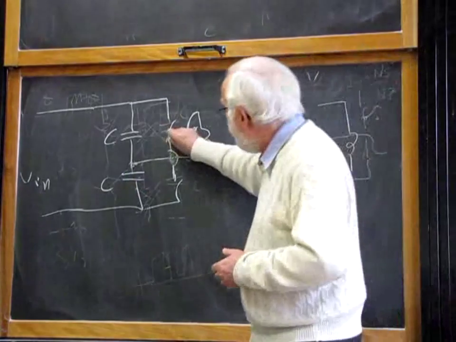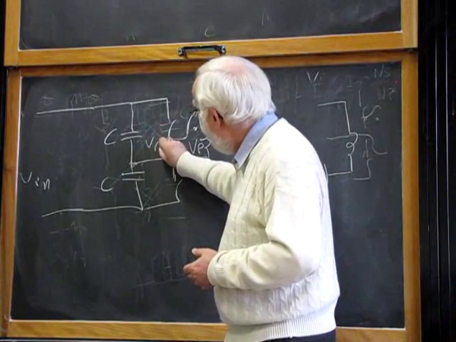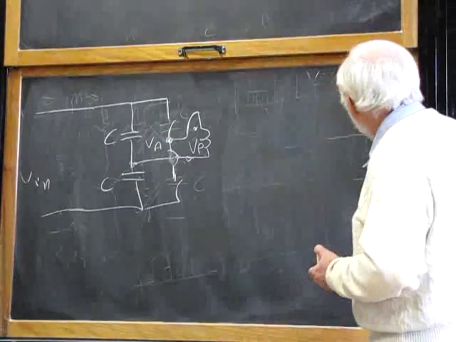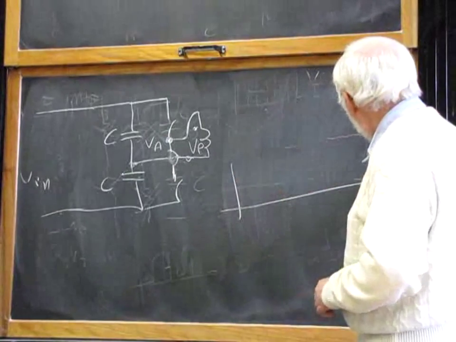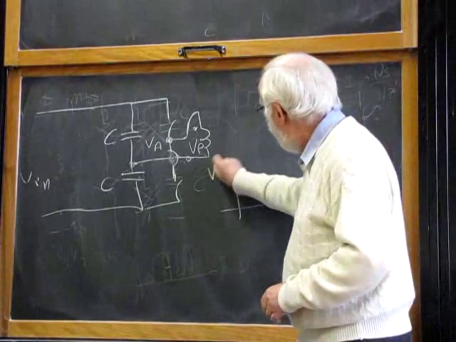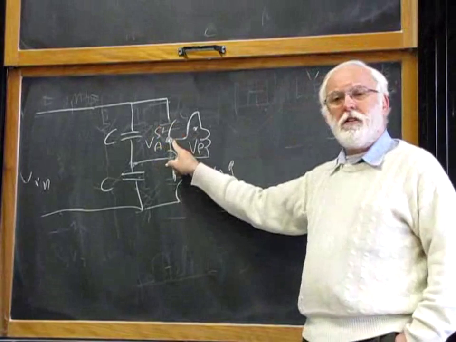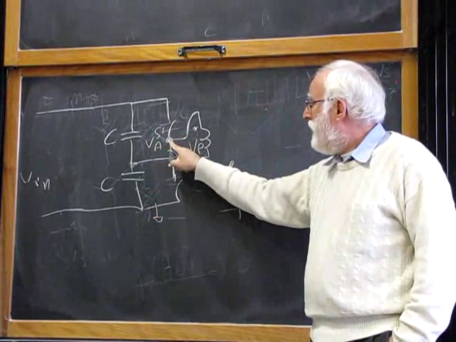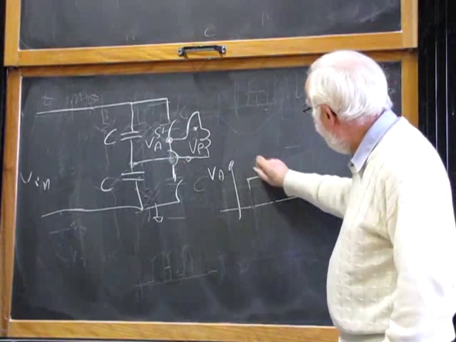Let's consider the voltage over here. Let's call this node A, VA. When you close the first switch S1, the voltage over here will be V, so we have here V in.